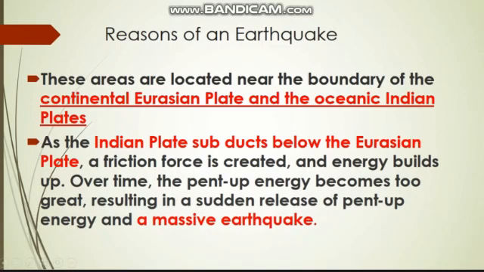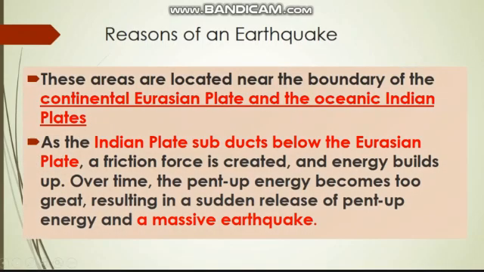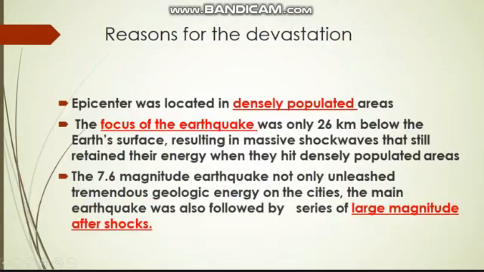It goes down below the Eurasian plate because the Eurasian plate's density is larger than that of the Indian plate, so the Indian plate has to go down. Within this process, heat or energy is produced, and that energy was very big, resulting in a sudden release of pent up energy and a massive earthquake.